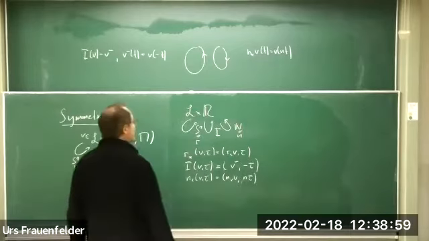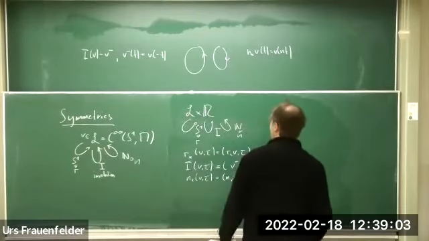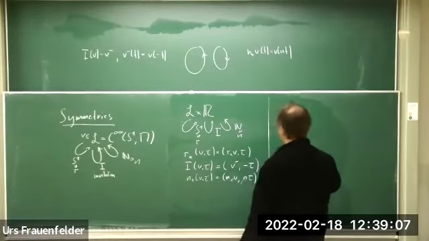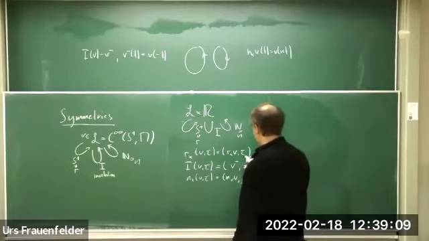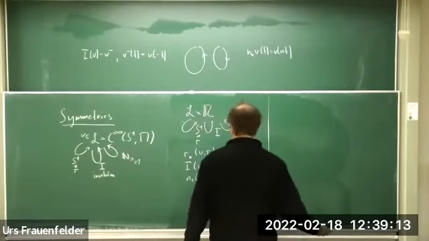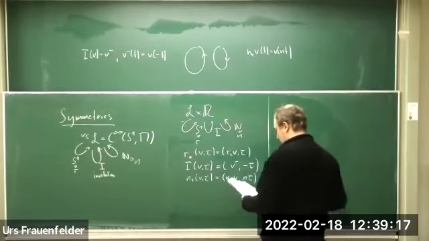Now, how does the Rabinowitz action functional transform under these actions? First, if we just reparameterize our loop, the Rabinowitz action functional does not care, so it's S1 invariant.